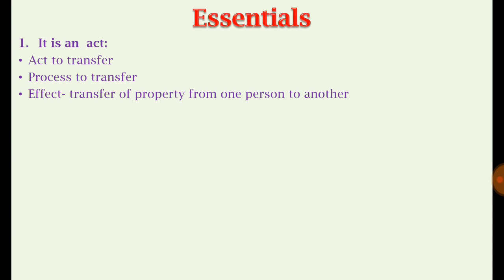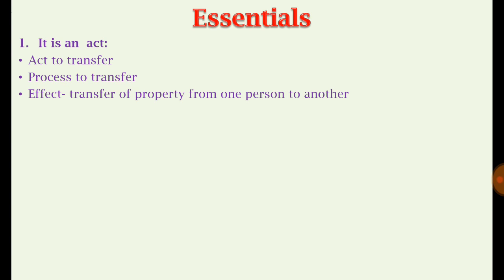The act derives from the desire. Any act derives from desire. When a person wants to do something, when he has a desire to do something, then his act follows that desire. Therefore, his desire is to transfer his property to a person who is ready to purchase it, ready to give consideration for that transfer.